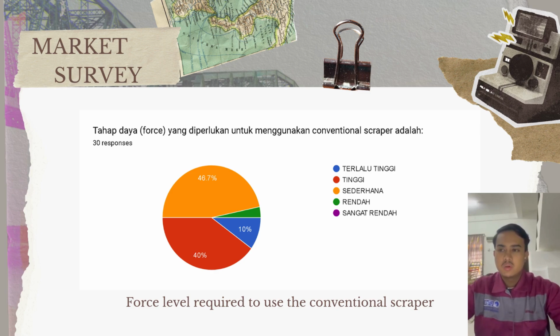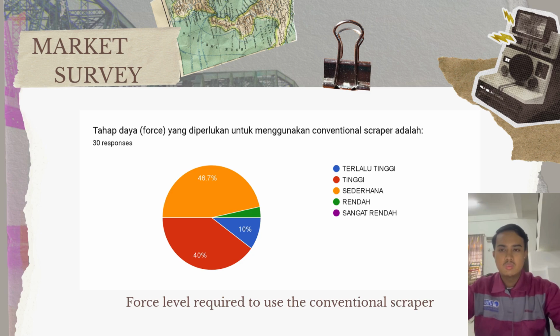And then for the force level required to use the conventional scraper, according to the pie chart, nearly half of the respondents, 46.7%, perceived the force required to use the conventional scraper as moderate. Meanwhile, 40% of respondents felt that the required force was high, and 10% reported that it was too high.